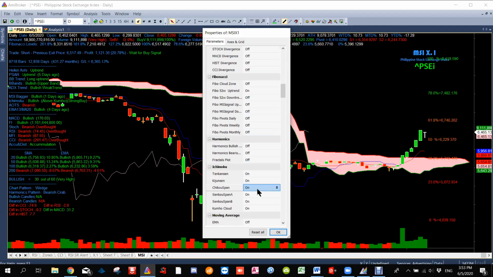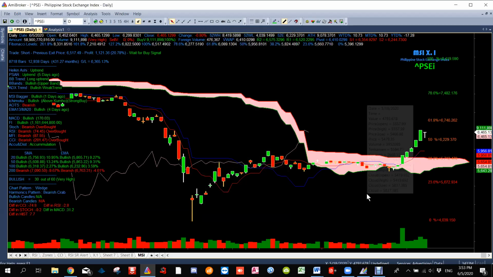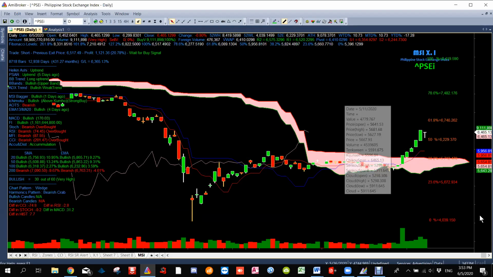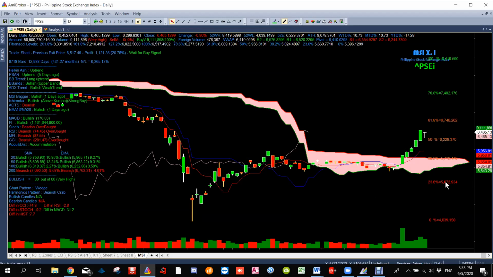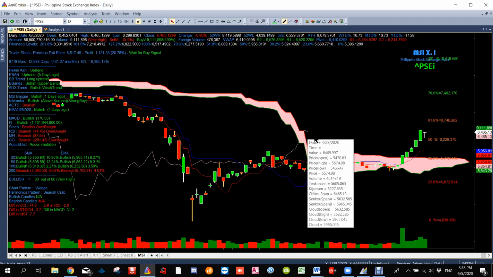These are actually the names of the lines. Okay, and each line can be a support level. Okay, these are the support levels used by Ichimoku readers.